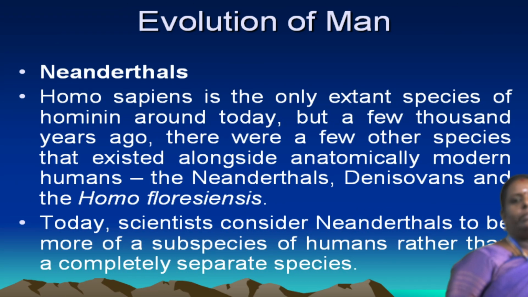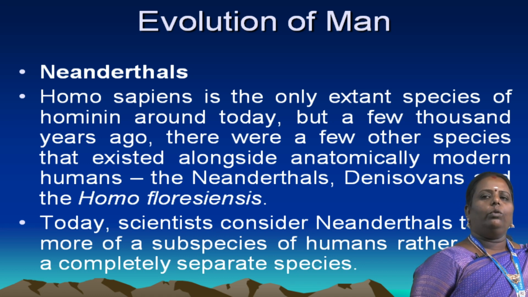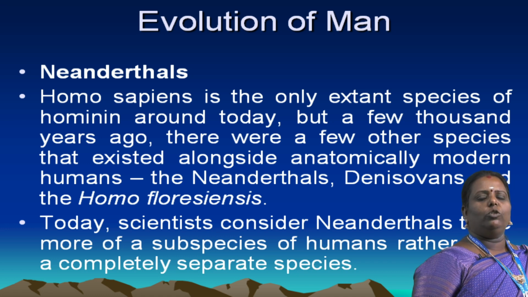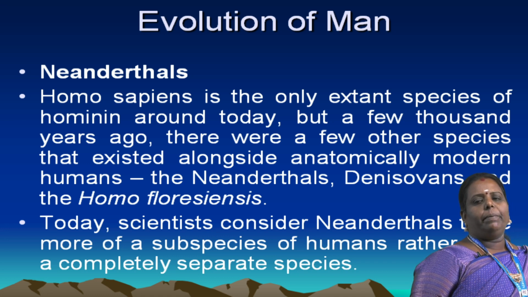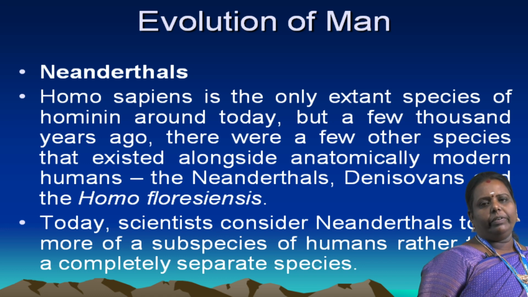Neanderthals: the Homo sapiens is the only extant species of hominin around today, and a few thousand years ago new species existed along with anatomically modern human beings. The Neanderthals, the Homo floresiensis, the Denisovans, all these species were present.